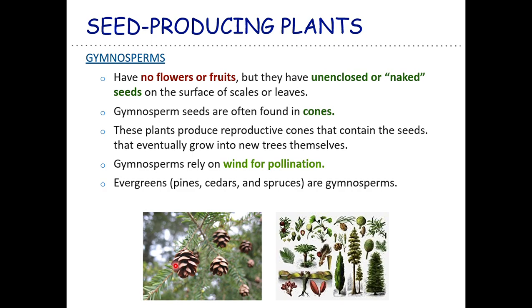The seeds lie in between these scales. This plant produces reproductive cones that contain the seeds that will eventually grow into new trees. Gymnosperms rely on wind for pollination. Evergreens such as pines, cedar, and spruces, as shown in this figure, are gymnosperm plants.